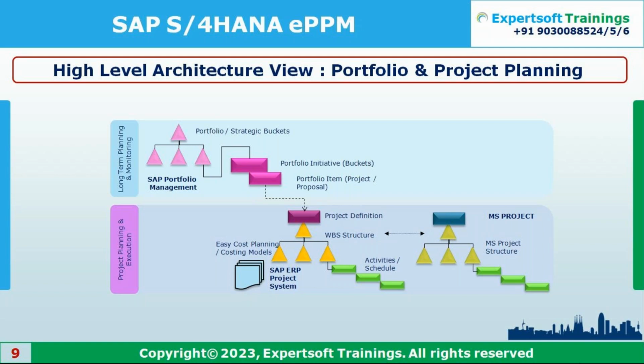Based on the RFC connections, these two servers can talk to each other, synchronizing the data. And if it is on-premise on HANA, then it can integrate easily. There are no RFC connections required. By default everything will be managed by SAP S/4HANA itself. Okay, no need to maintain any RFCs. Got it. Thank you.